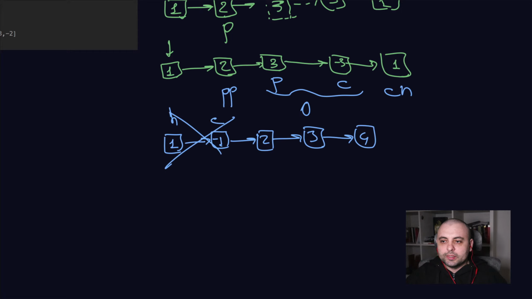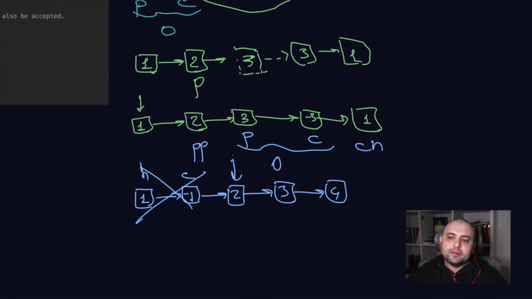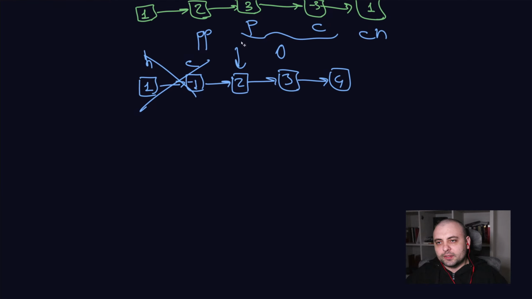So these 2 will disappear, and the new head will be this one. So yeah, there are many combinations of things, and manipulating the list would be troublesome. So probably we should go with a vector.